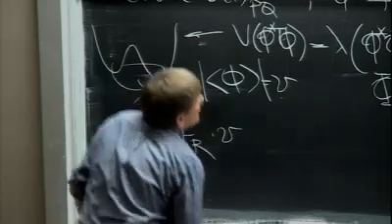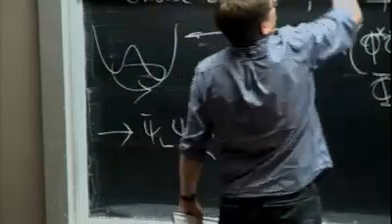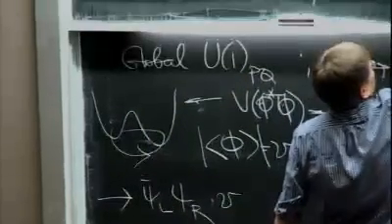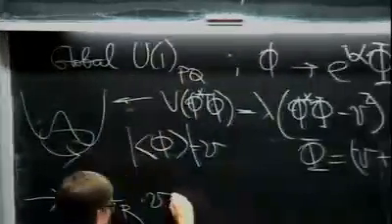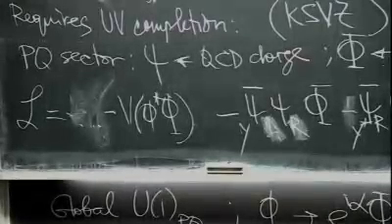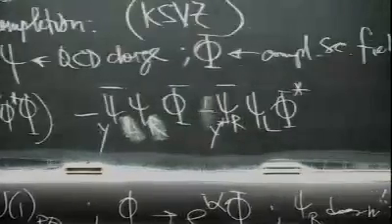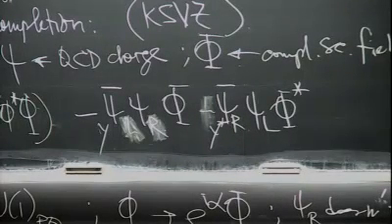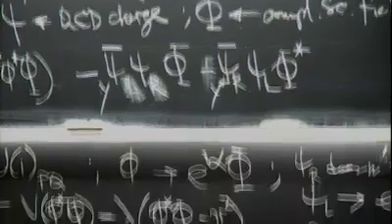Well, in principle, I could put a Yukawa coupling here, right? So I have this i a over f_a plus complex conjugate.